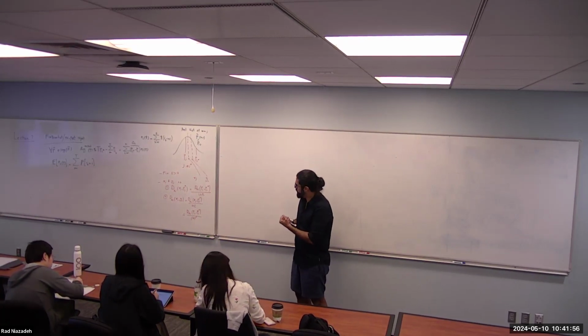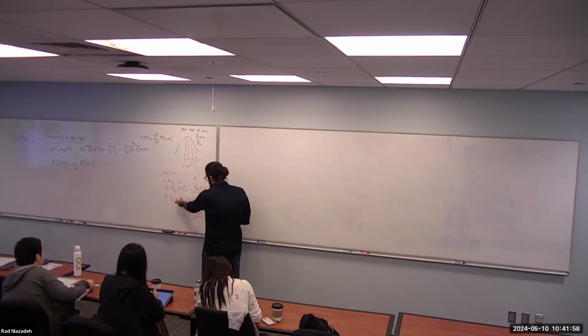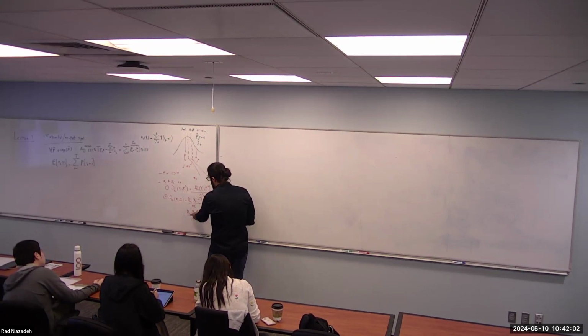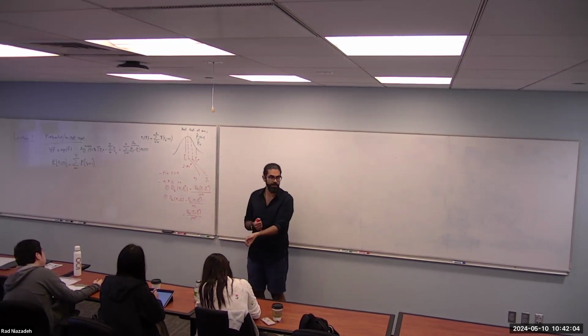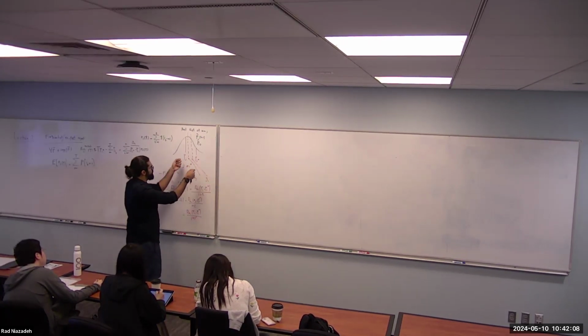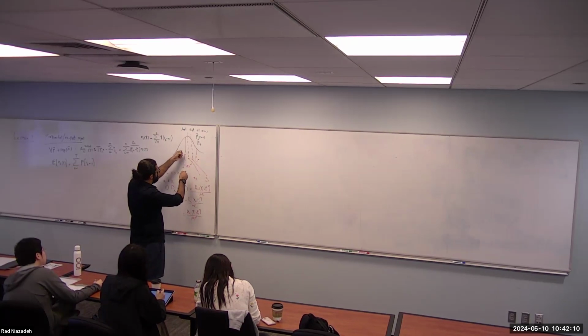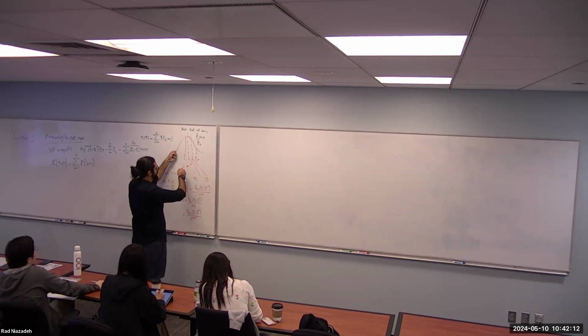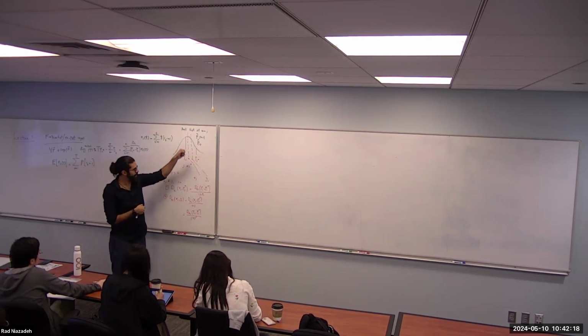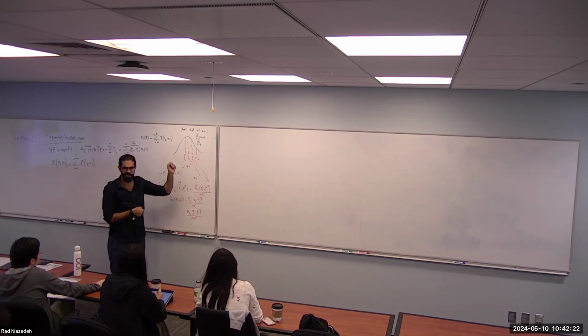So x_J and y_J, the amount of closeness that they have depends on how close mu J and mu J star are. So if mu J and mu J star are pretty close, x_J and y_J are going to be close. Somehow x_J is closer to mu J than mu J star, and same as y_J. So y_J is closer to mu J star than mu J.